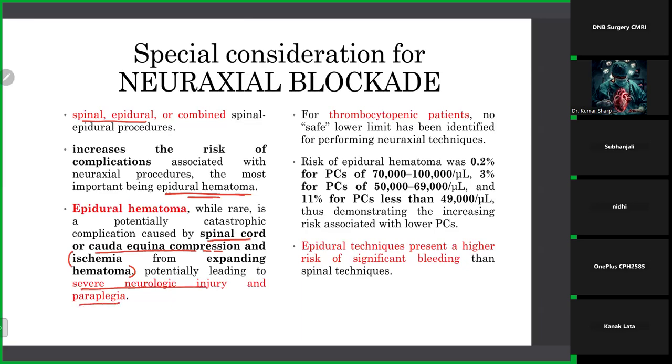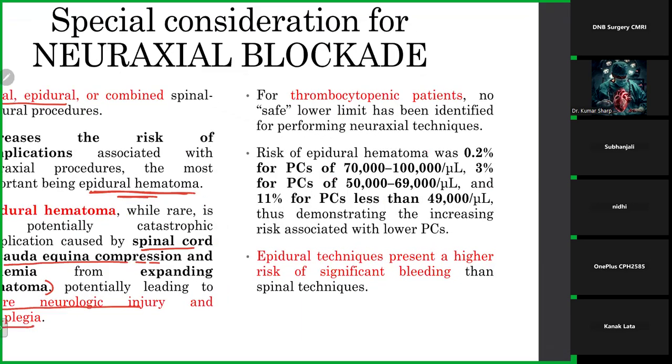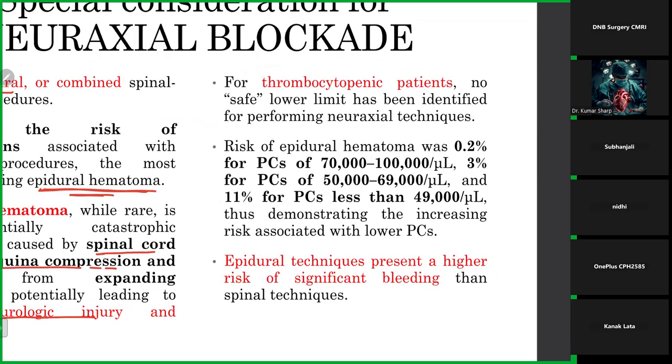This is mainly seen in a thrombocytopenic patient, for whom no safe lower limit has been identified for performing these neuraxial techniques. Platelet count between 70,000 to 1 lakh per microliter, the risk is 0.2%. Platelet count between 50,000 to 69,000, risk is 3%.